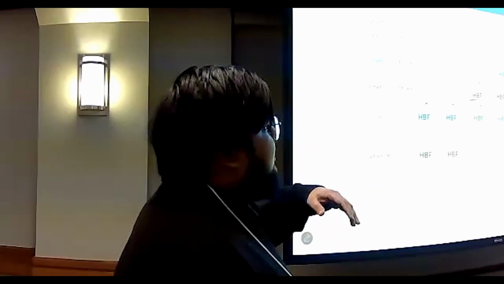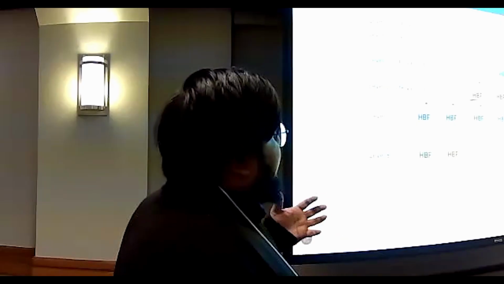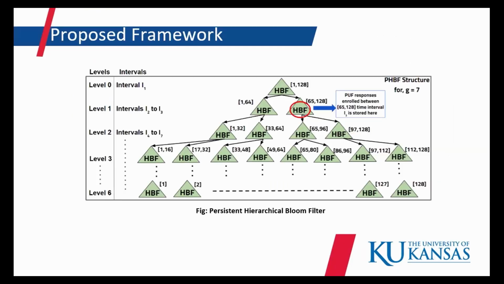For example, let's say that something got enrolled between day 65 and day 128. I'm not sure if you can see it, but the red marking is the HBF where our PUF responses are going to be stored together. And this is how it goes until level 6, where we have granular level details on the PUF responses.